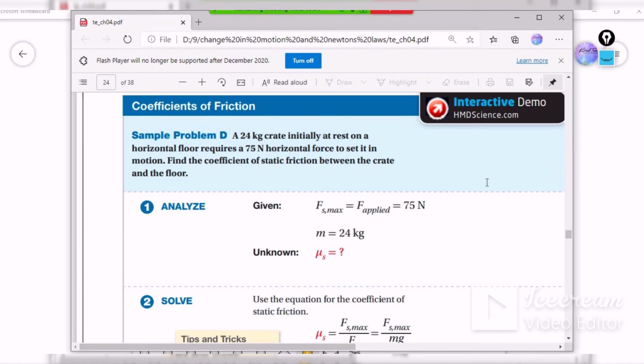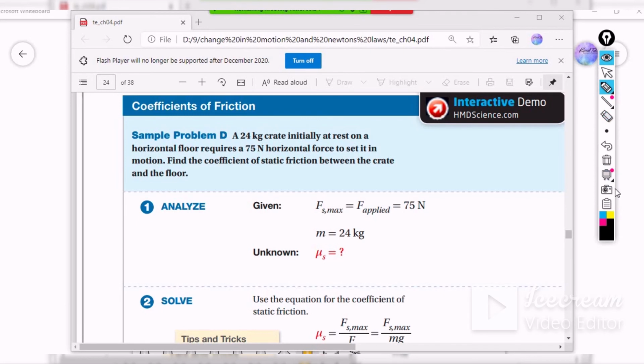A 24 kilogram crate, so we have an object with 24 kilograms mass, at rest on a horizontal floor, requires a 75 Newton horizontal force to set it in motion.